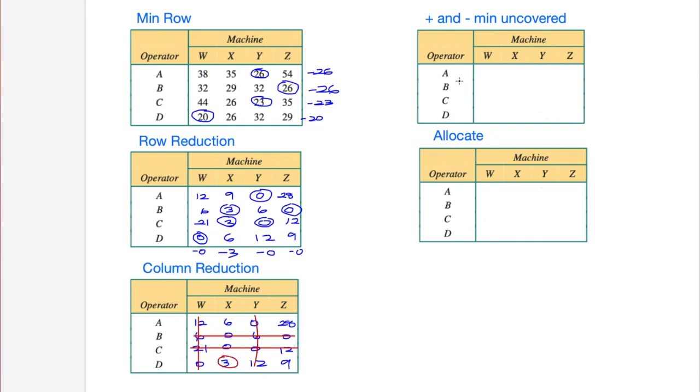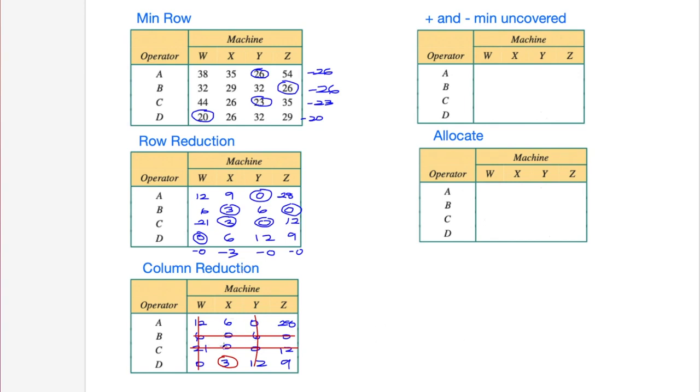And what you do in the next step is you're going to add 3 to all of the crosshairs, the ones that are covered twice, and then you're going to subtract 3 from all of the uncovered numbers. All the ones that are covered by a single line, they're just going to be copied in, right? The idea is that those are often going to be your zeros. You want to keep a record of who was the best option in each particular case.